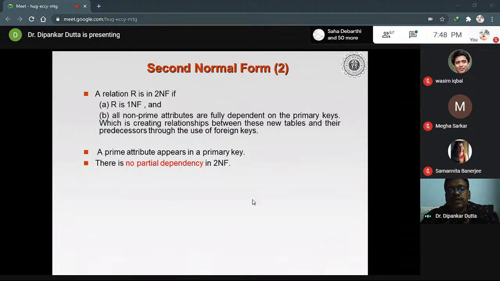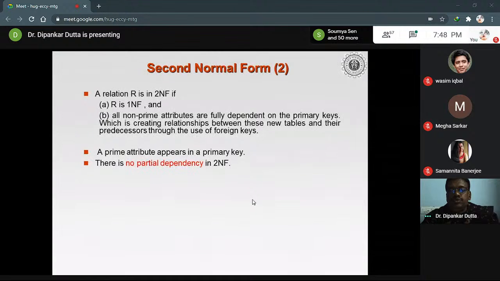Okay, so try to understand this definition clearly. We can say that a relation is in 2NF if it is in 1NF, means every cell must contain atomic value, and all other non-prime attributes, means the attributes which are not part of primary key, are fully dependent upon primary key.